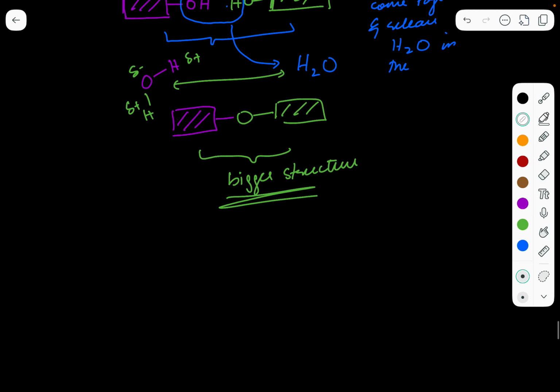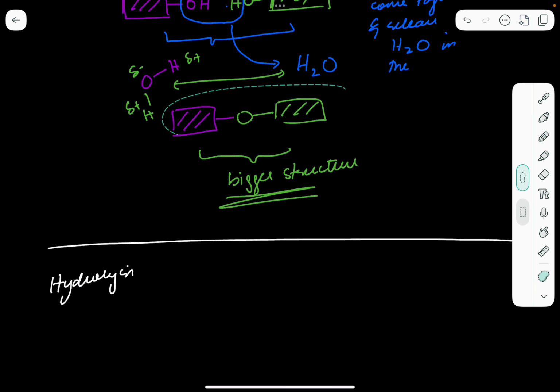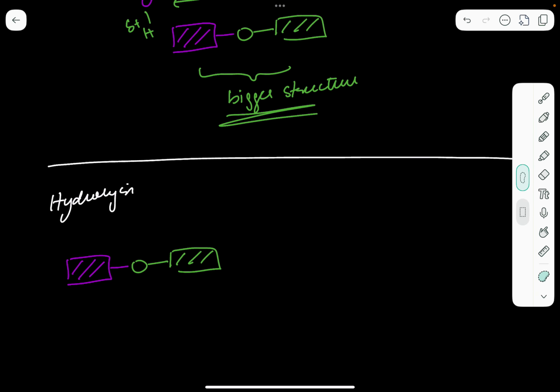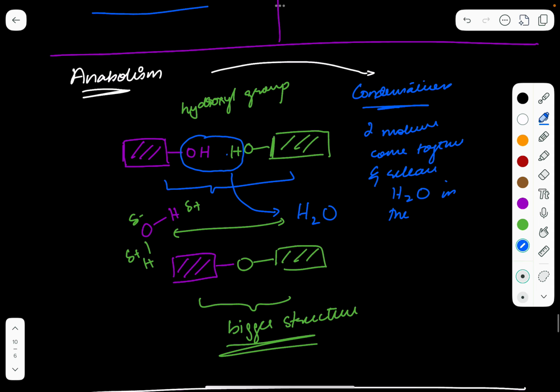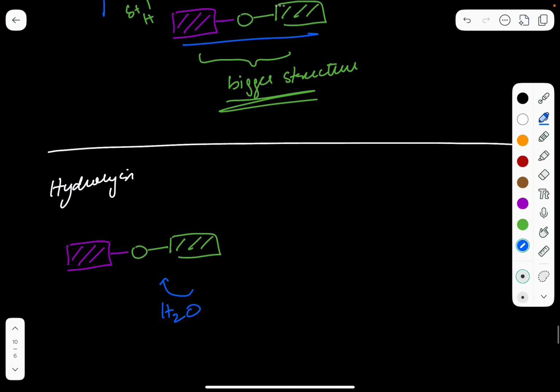Now the opposite of this is hydrolysis reaction. What is happening in hydrolysis reaction? We take this structure and we break it with the addition of what? Water. Why water? Well, water was removed from these tiny units to make this big structure. So to go back to these tiny units, I just need to add water back in.